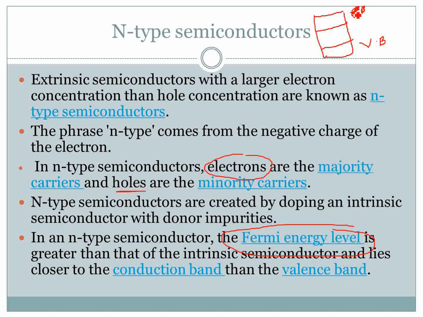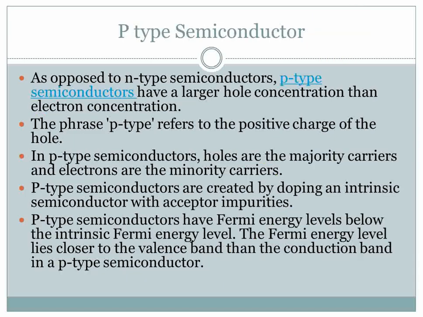Here the majority charge carriers are free electrons, so in the band diagram the Fermi level is very close to the conduction band. This is Eg. This is formed because of the electron.